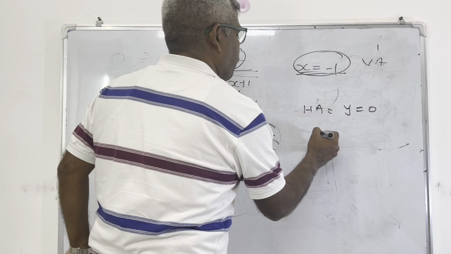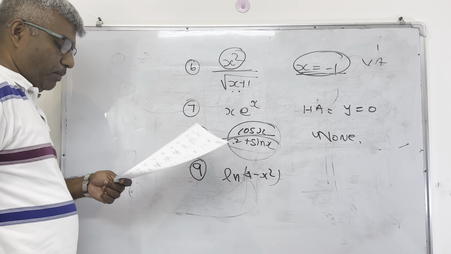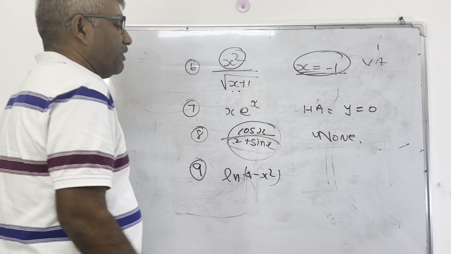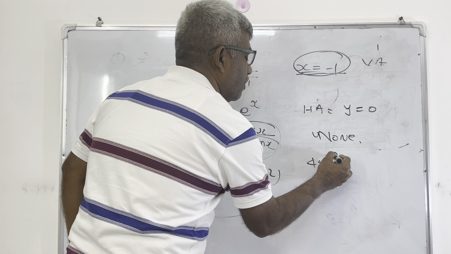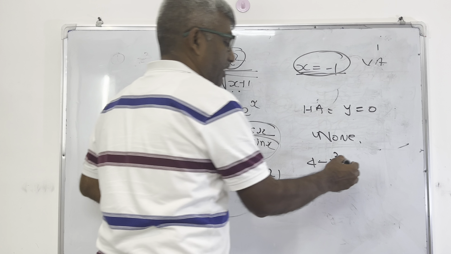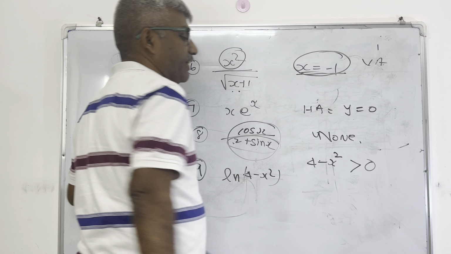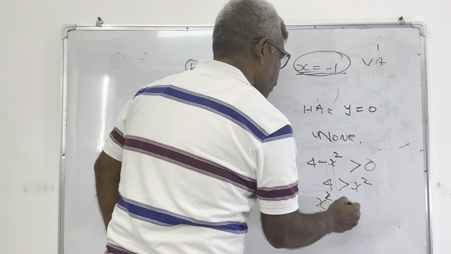Question number 9. Ln of 4 minus x squared. It is an interesting sum. Ln of 4 minus x squared. What will happen? This should be positive. 4 minus x squared should be positive. Then only ln will have values. So 4 minus x squared positive means it is greater than 0. 4 is greater than x squared. So x squared is less than 4.